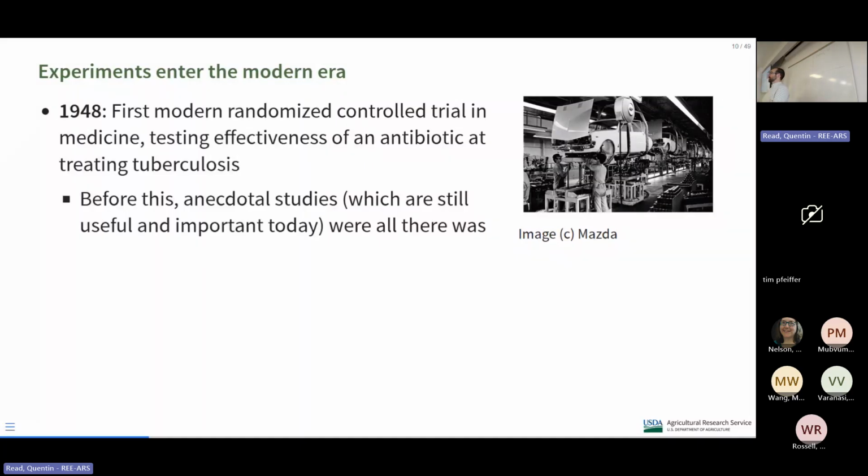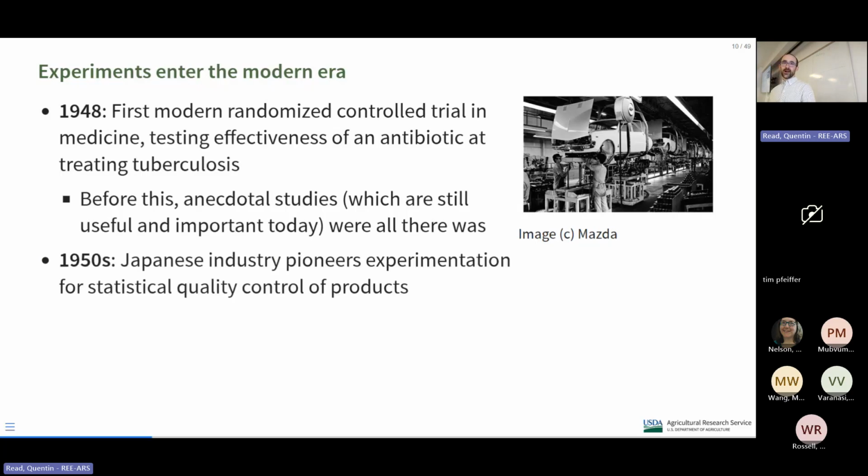Like case reports where a doctor would have an interesting patient and diagnose them, come up with a cure, see if it works, and write it up. And that can still be incredibly useful information today, and those kinds of case reports are still regularly published, but that was all there was until the 40s. And obviously that is not really adequate to show the efficacy of medical interventions in a lot of ways. So obviously it's very important to have those randomized trials.